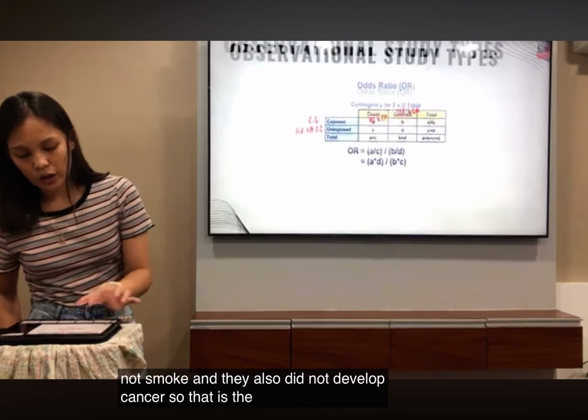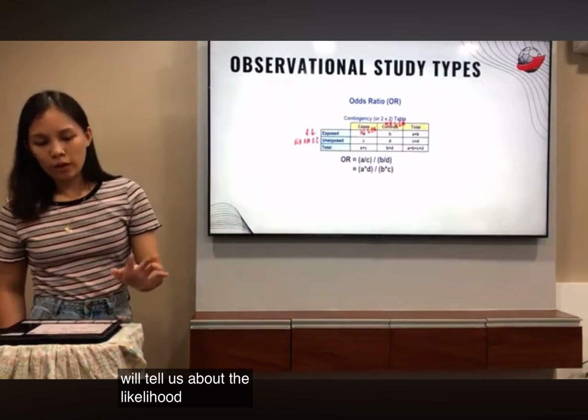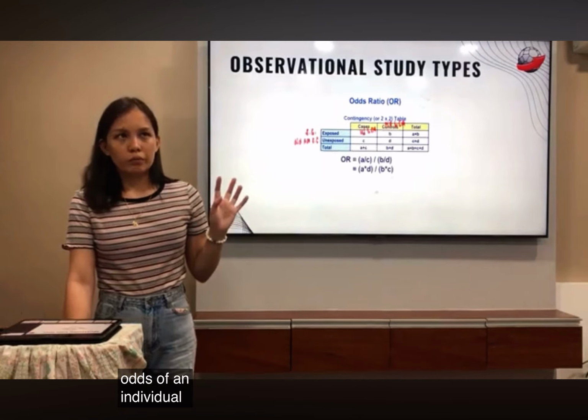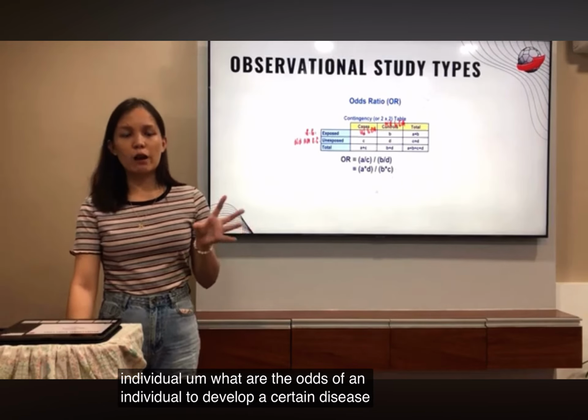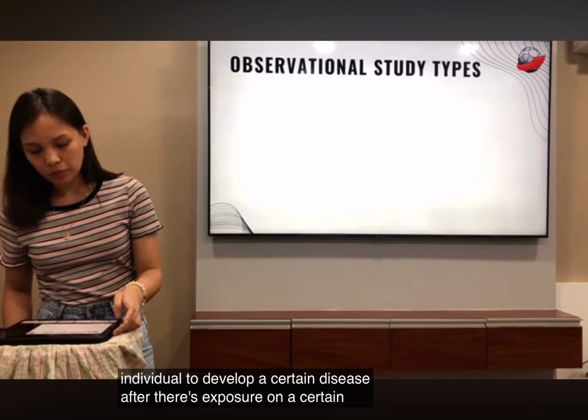So that is the odds ratio, which will tell us about the likelihood of an outcome, or what are the odds of an individual to develop a certain disease after there's exposure to a certain factor.